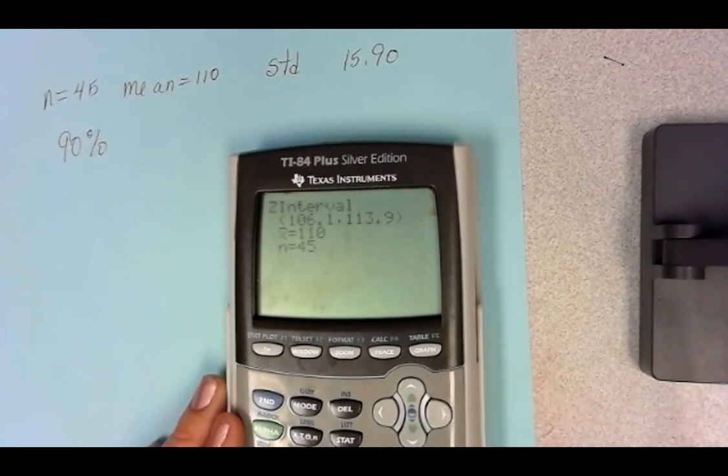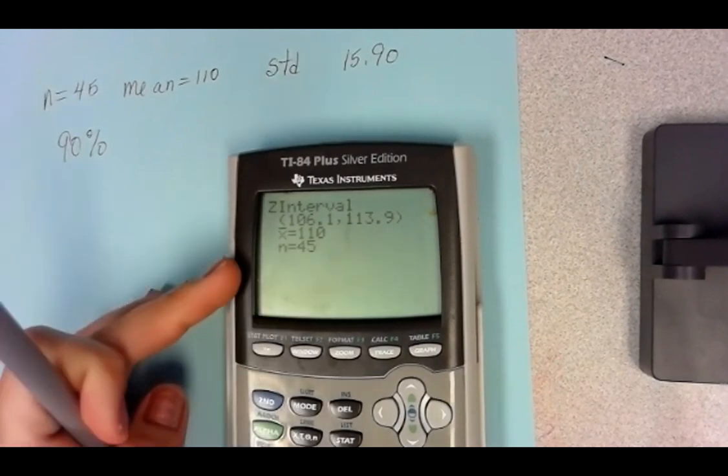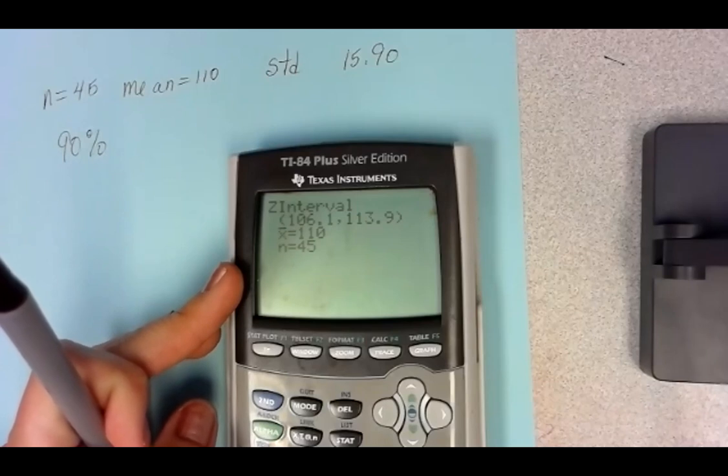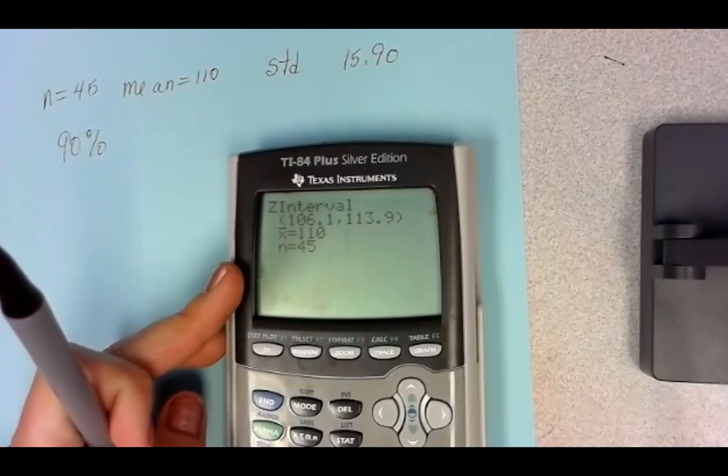We'll calculate it, and then I'm going to go ahead and enter that so we can do the follow-up question. So it asks you to interpret it. So let me go ahead and flip back so that you can see how this question is worded.